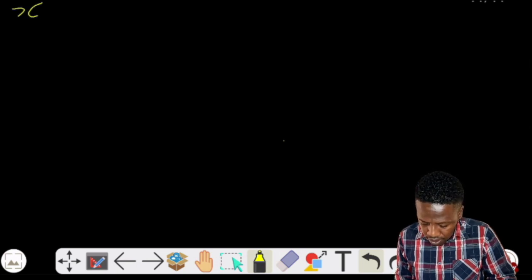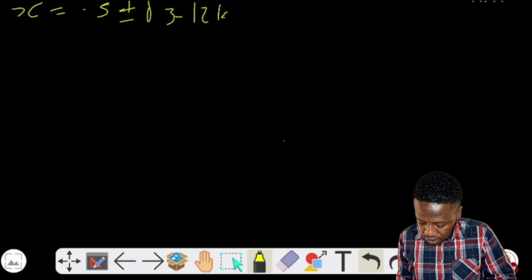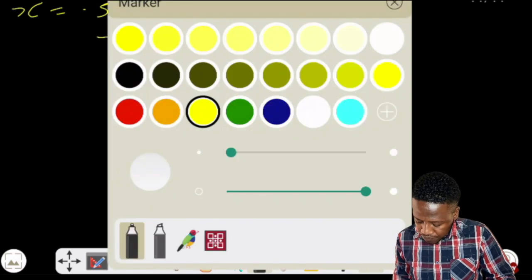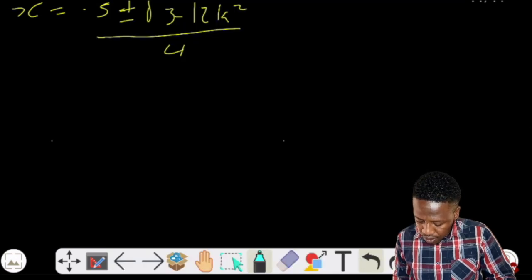It's x equals minus 5 plus minus the square root of 3 minus 12k squared all over 4. Now remember, we are dealing with the discriminant, meaning whatever's under this root here, right?